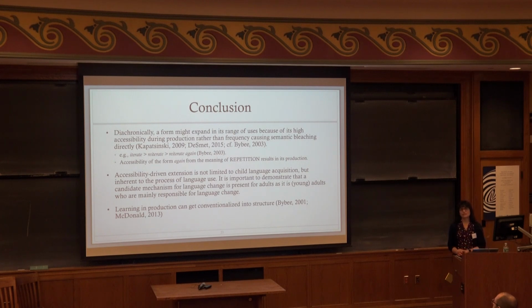So it's the difference in the locus of extension. Bybee's account is a comprehension-based account, in that the locus of habituation is in comprehension. We argue that this occurs as an extension as a result of accessibility in production.